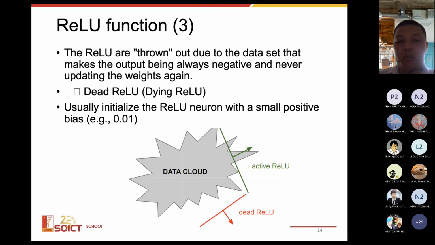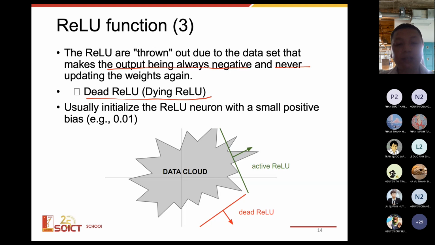And because the output is always negative, the variance becomes 0, and that weight will never be updated again. And in that case, people say that we have dead ReLU or dying ReLU, right?